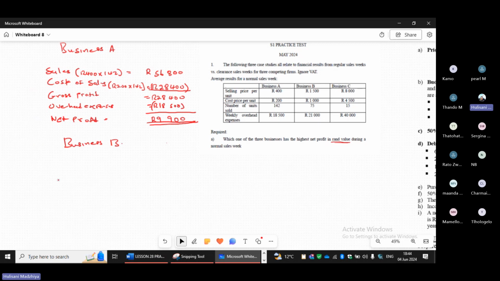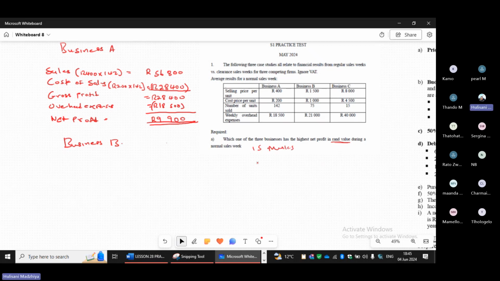The reason I'm explaining the format is because I know that some of you went and said 1,500 minus 1,000 and then multiplied by 75 minus 21,000. Your calculation is still correct, but in this question you'll find that the mark allocation is something like 15 marks.